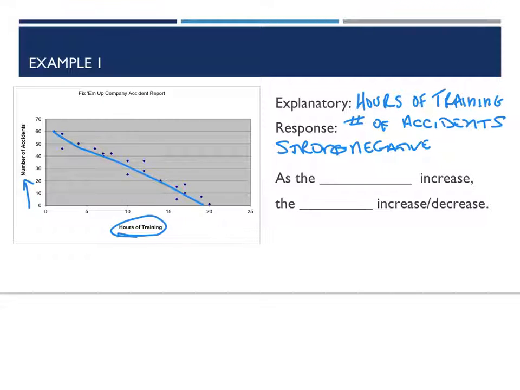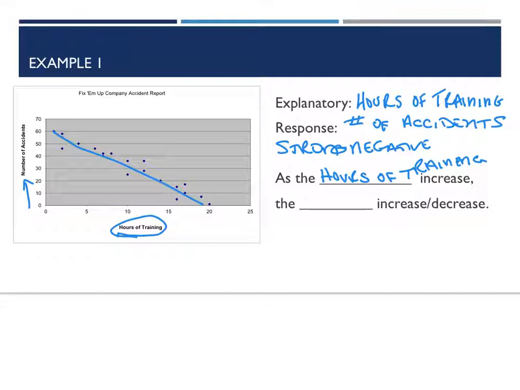Now, when you talk about how the graph is read, you always start with the x-axis. On the x-axis are the hours of training. So the first part of this sentence says, as the hours of training increase.